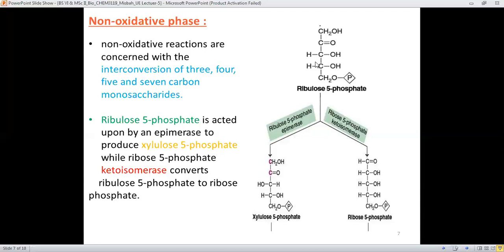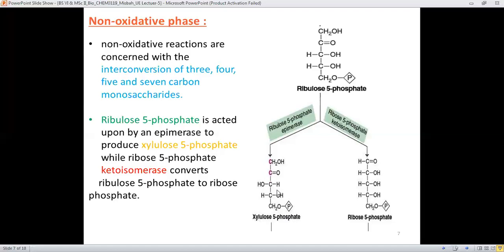It means the configuration at one carbon is changed, and the rest of the structure remains the same. If we compare ribulose 5-phosphate to xylulose 5-phosphate, we can conclude that at this carbon, the stereochemistry is changed.